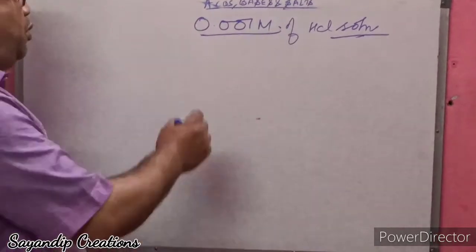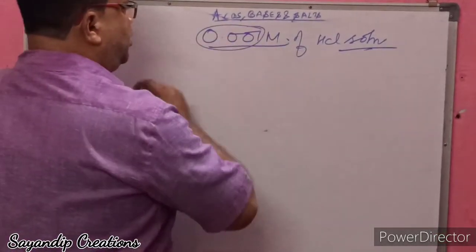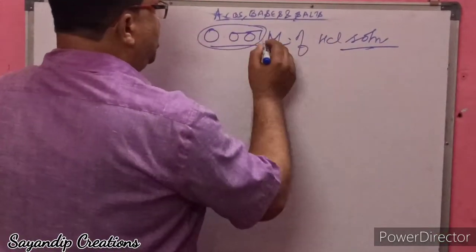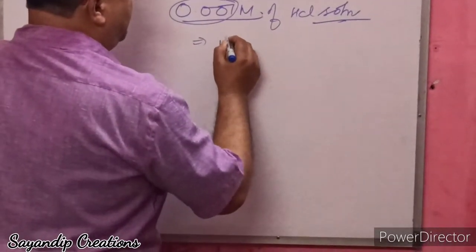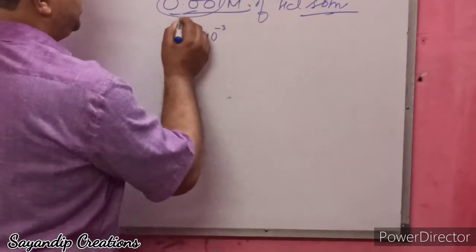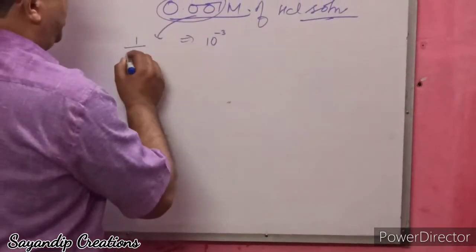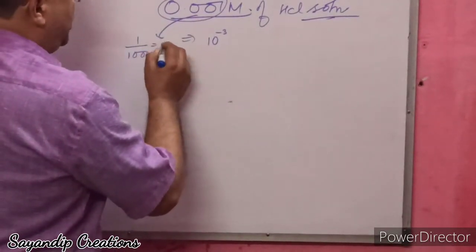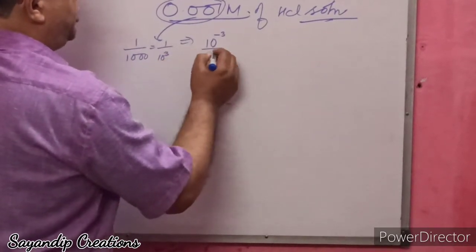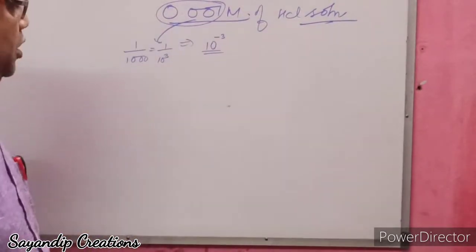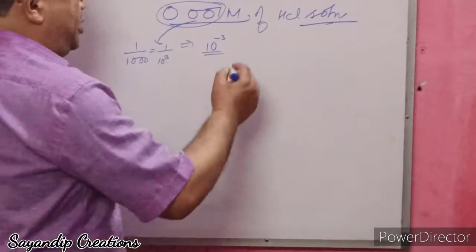So 0.001 means the concentration of hydrogen ion. You can write 0.001 as 10 to the power minus 3. How? First, you can write it as 1 by 1000, again as 1 by 10 to the power 3, and further as 10 to the power minus 3.